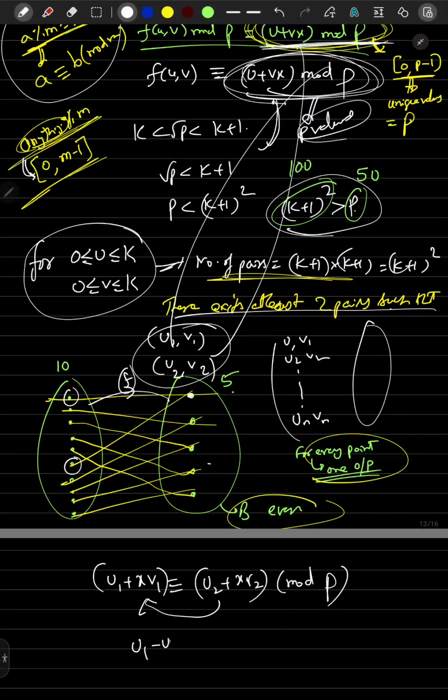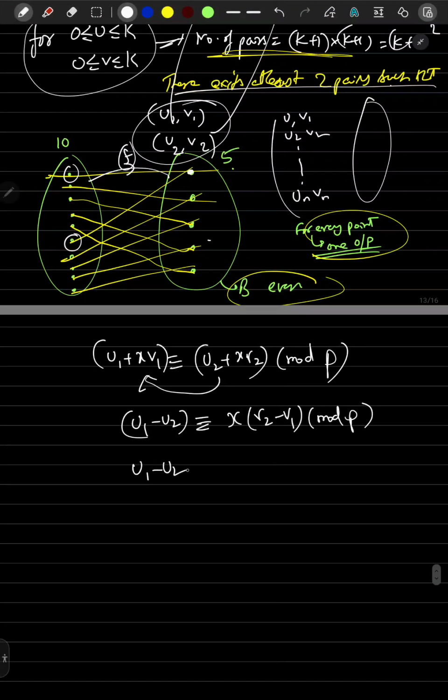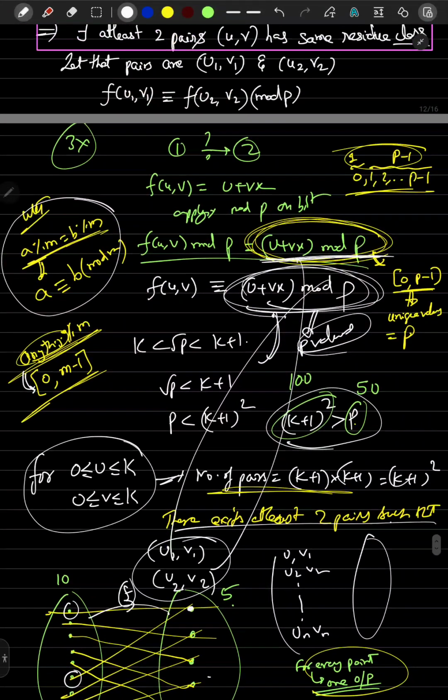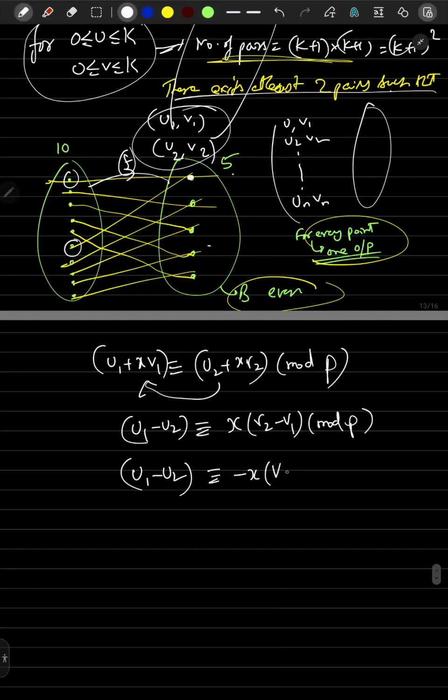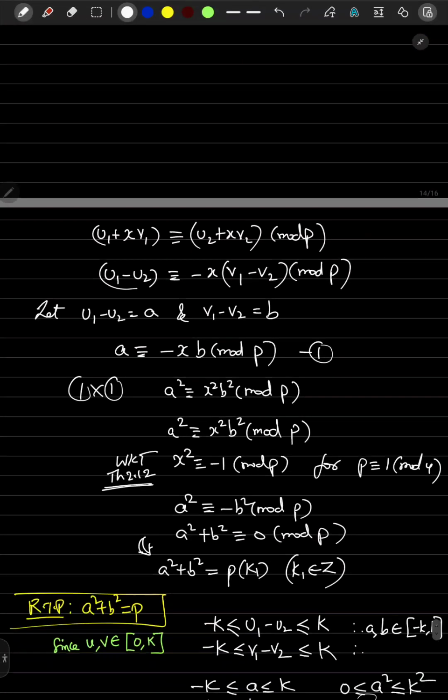What will happen? u1 minus u2 is congruent to x into (v2 minus v1) mod p. This is what you will arrive at. Understood?